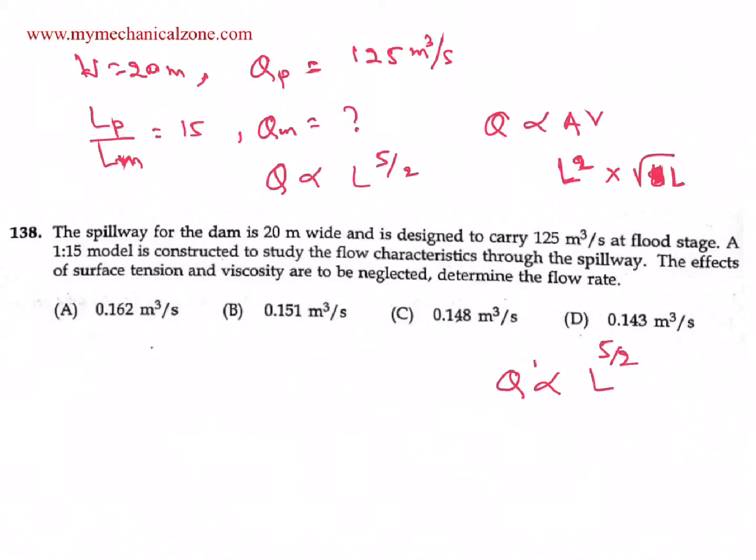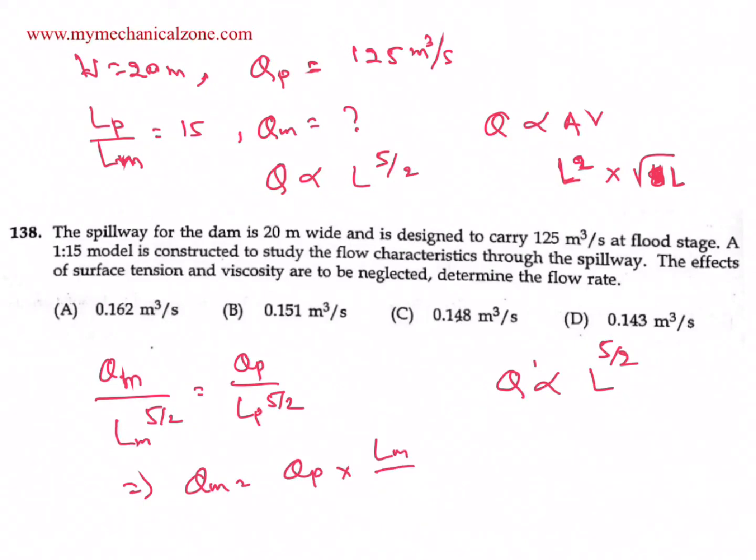So QM by LM to the power 5 by 2 is QP by LP to the power 5 by 2. We have to calculate QM value. So it's QP into LM by LP to the power 5 by 2. QP is given 125. LM by LP is 1 by 15 to the power 5 by 2.